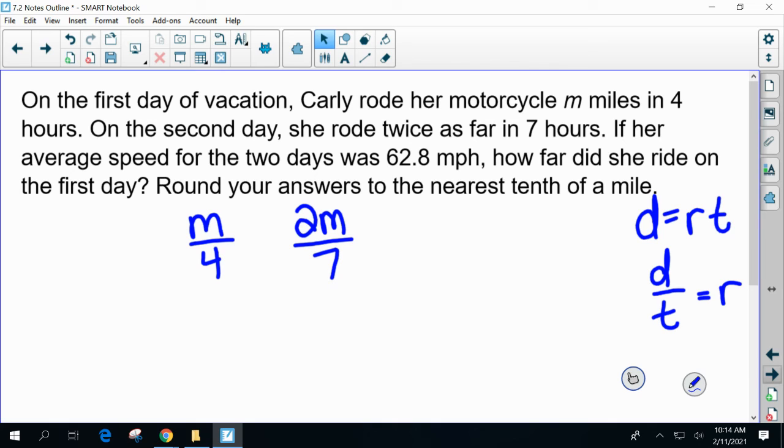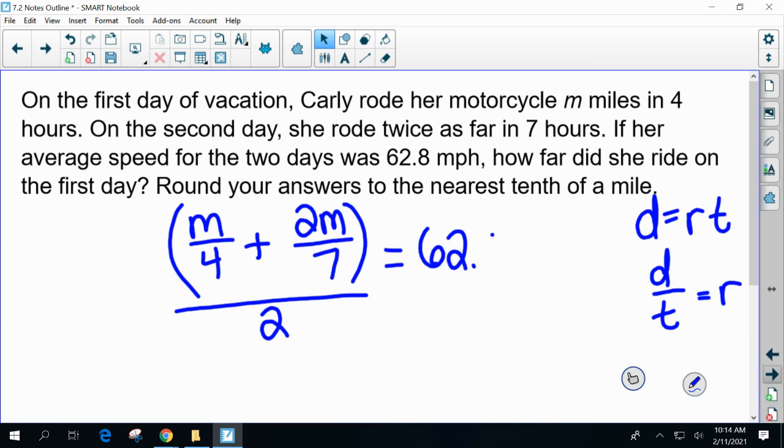If her average speed was 62.8, how would you calculate the average of 2 items? You add them together and divide by 2, right? So I'm gonna add them together and divide by 2. And her average speed was 62.8 miles per hour.